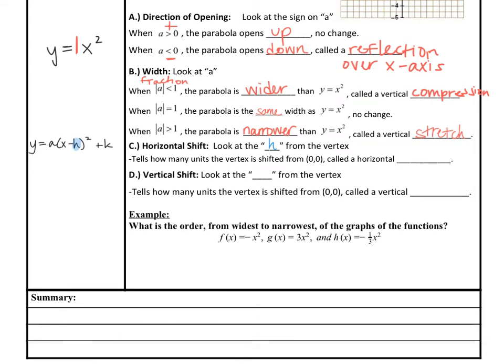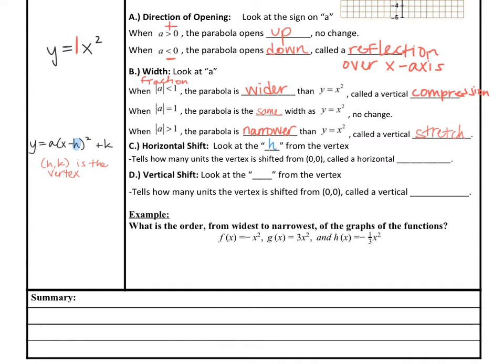It tells you how many units the vertex is shifted from (0, 0), because remember, (h, k) tells you where the vertex actually is. So you kind of just have to think about where the vertex is going to be, and will that move it left or right?